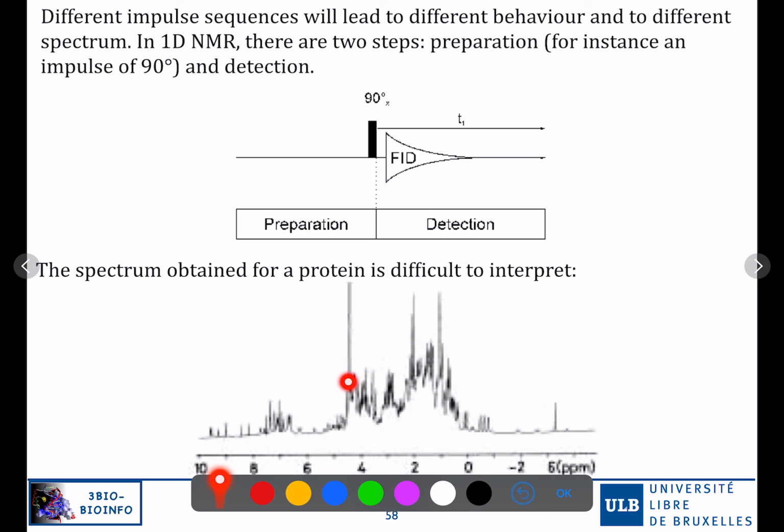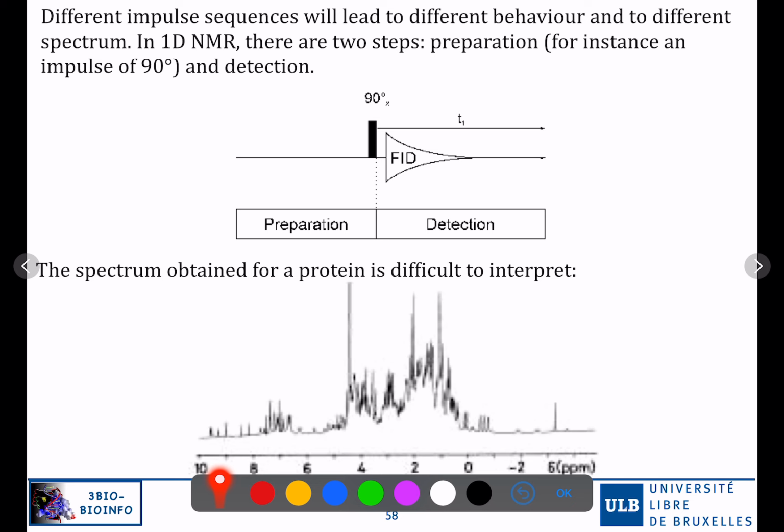So here each peak will reveal one hydrogen 1 nucleus, and the value of the resonance frequency is different because you have a distribution of electrons that is different from one nucleus to another.